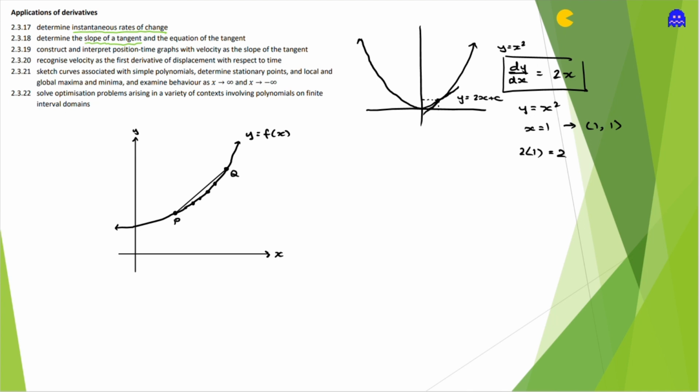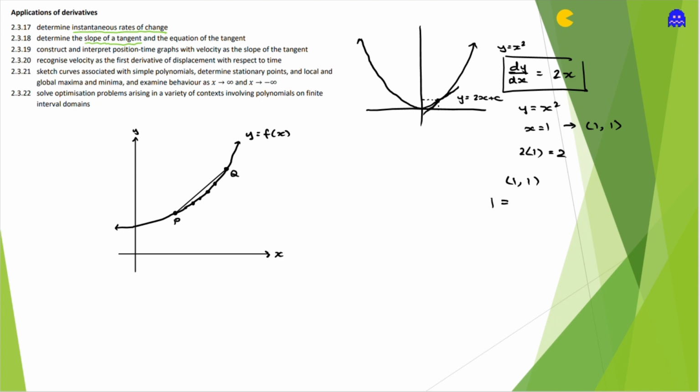Now, I can also go a step further, and I can calculate what the equation of this tangent actually is. So in the case of y equals x squared, I know that this tangent will be passing through the point 1, comma 1, because it is a tangent at the point 1, 1. And so in order to determine the equation of this tangent, I can essentially just plug in these values 1, 1 into the equation y equals 2x plus c in order to evaluate what the value of my constant c is.